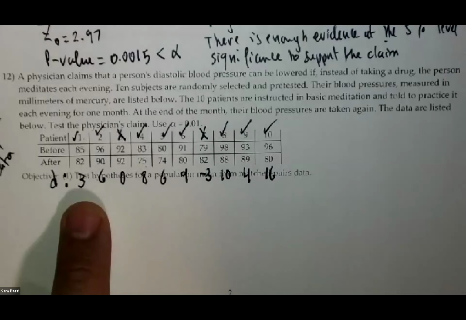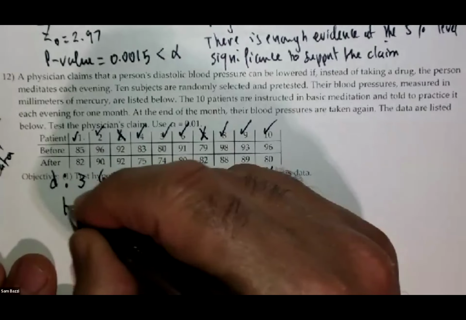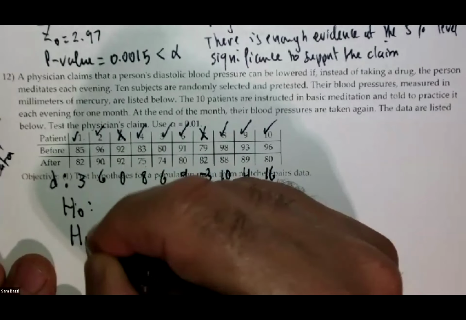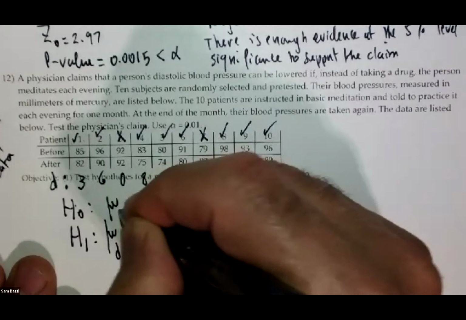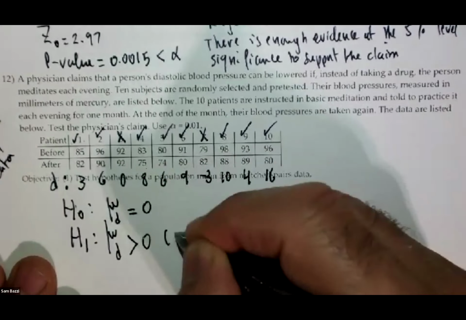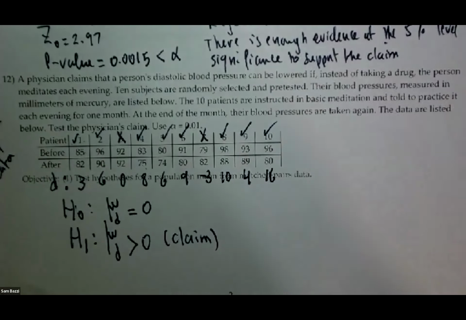You need to test the difference of being positive, and this is how you write it down. Mean of the difference greater than 0, mean of the difference equal to 0, and that's the claim. This is what would confuse students for this test.